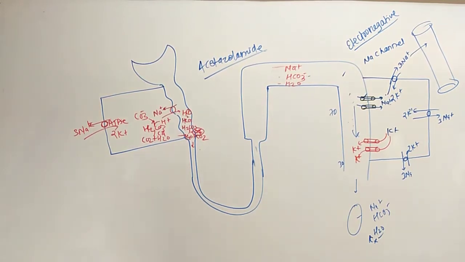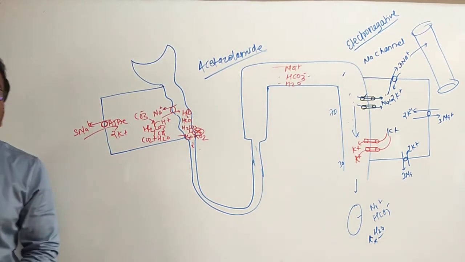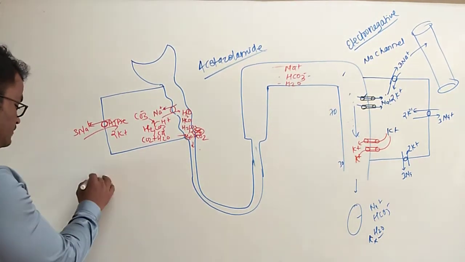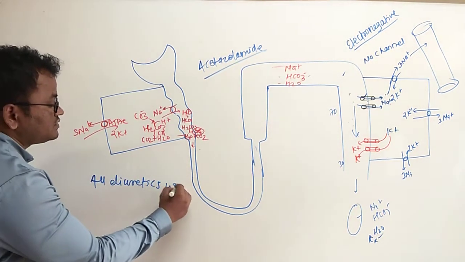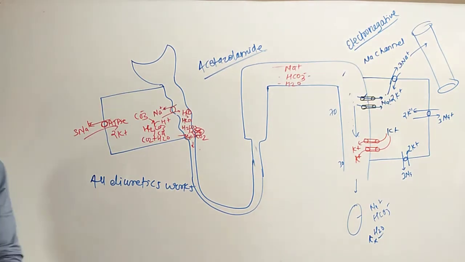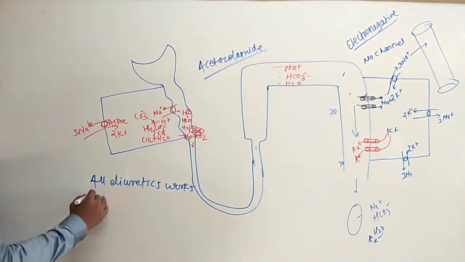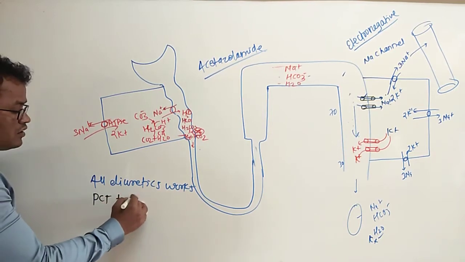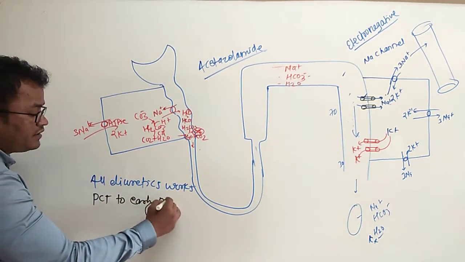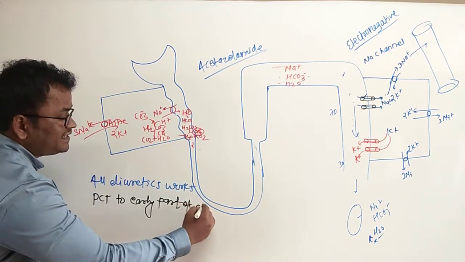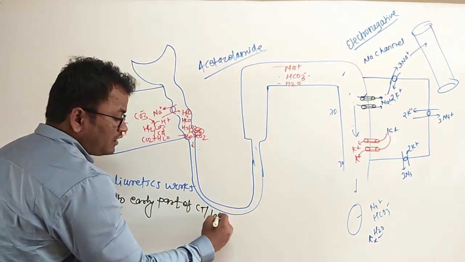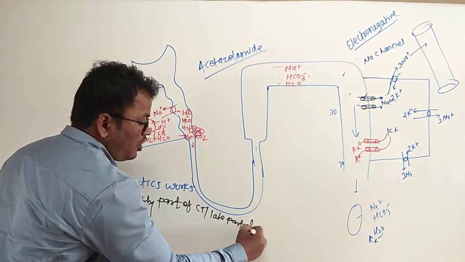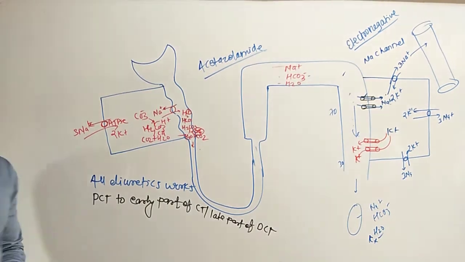Next, let's write one sentence. All the diuretics that work from the PCT to the early part of the CT or the late part of the DCT are potassium wasting.